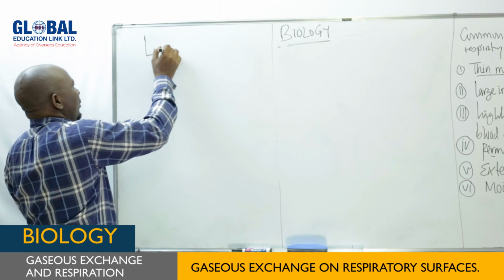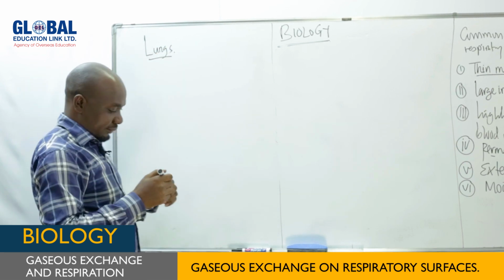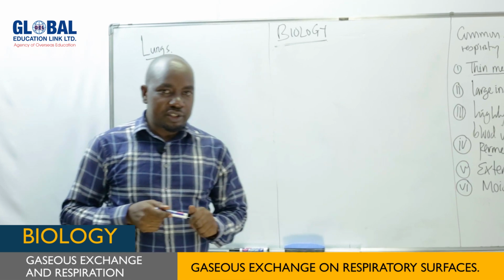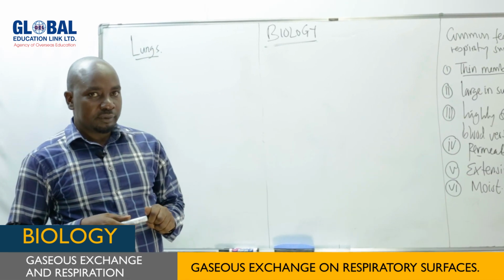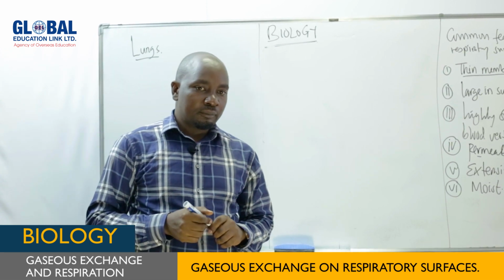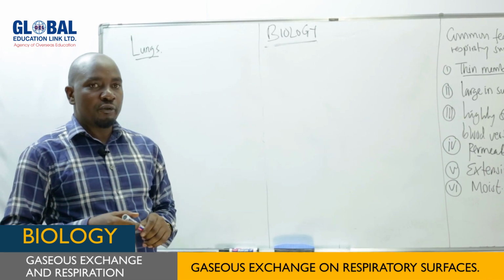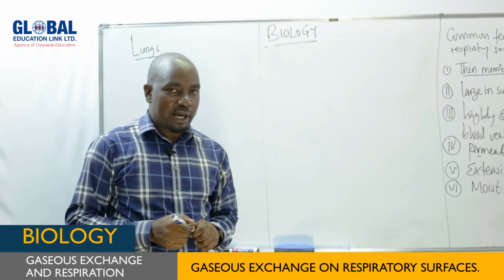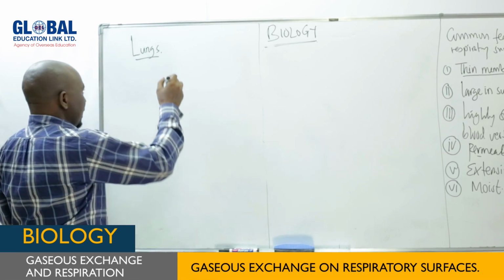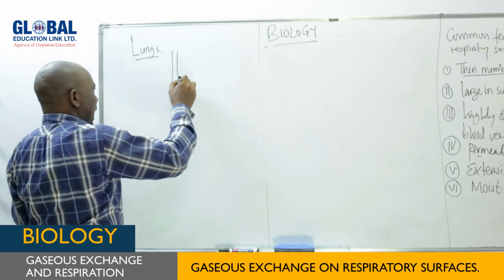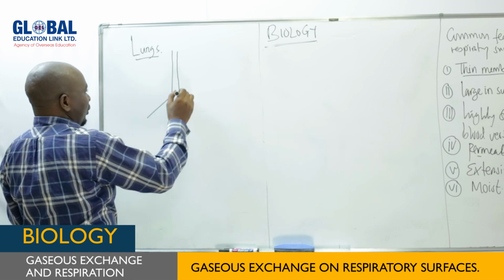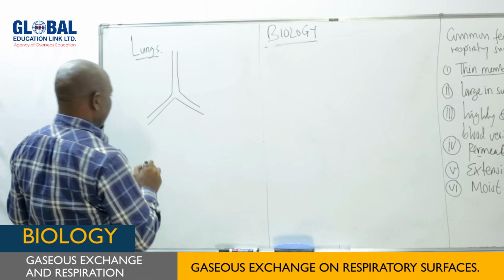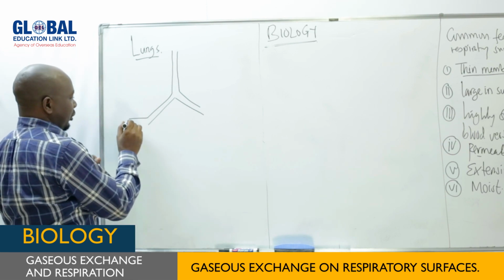First of all, let us see the lungs. The lungs, particularly the mammalian lung, including the human being, comprise tubules where gases pass. That is, they have a trachea which branches into the bronchus.